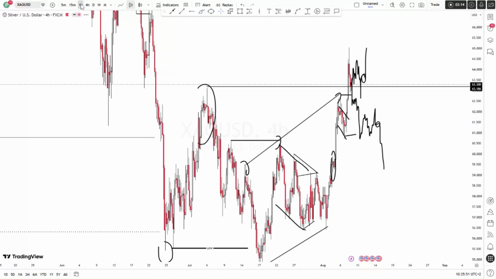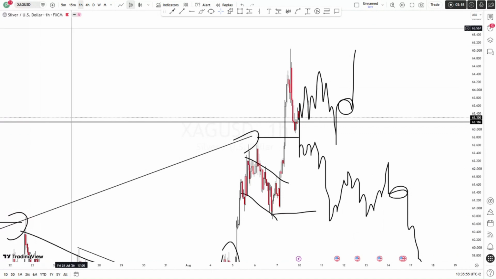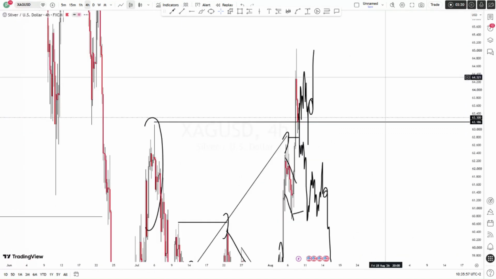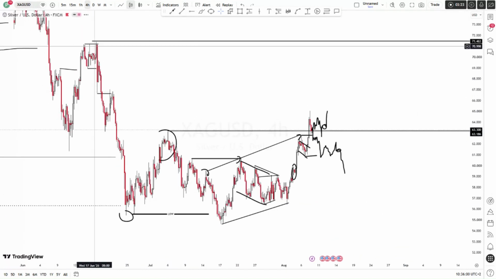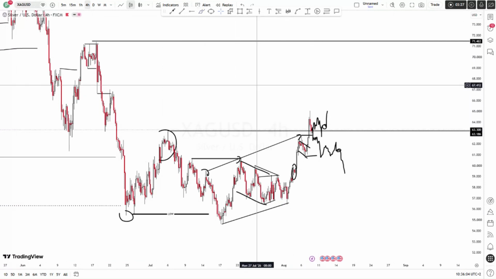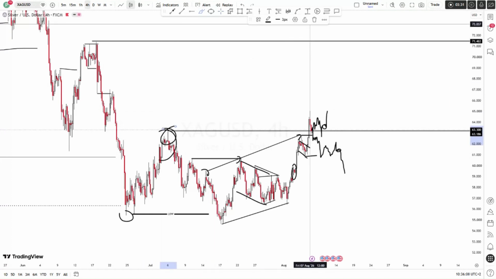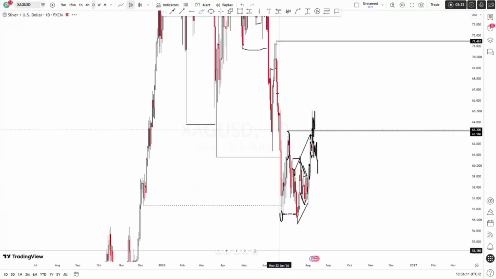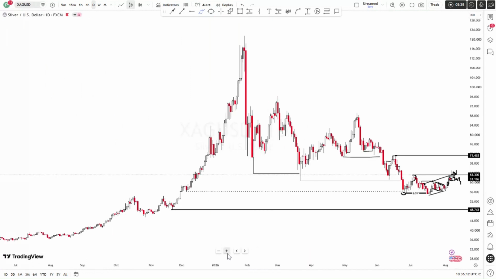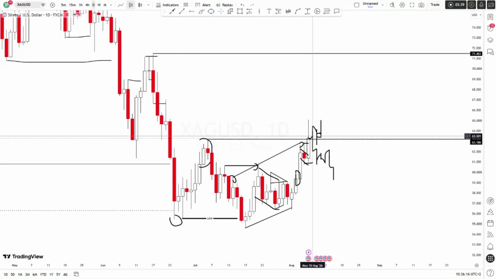As you go on the hourly, you could see that we impulsed out and we broke this area of value on the left. This high I would consider. So it's either two things: are we gonna break back inside, or are we gonna form a continuation above, ever since we broke above? On the daily, if you look at price, we're still bullish, although we closed right at the edge, at the high.